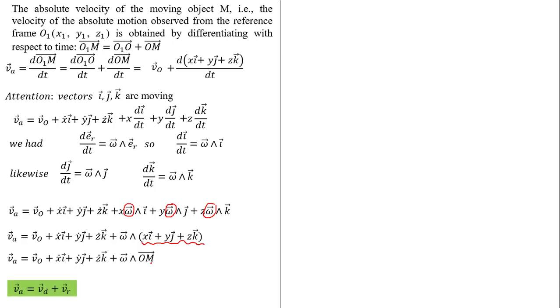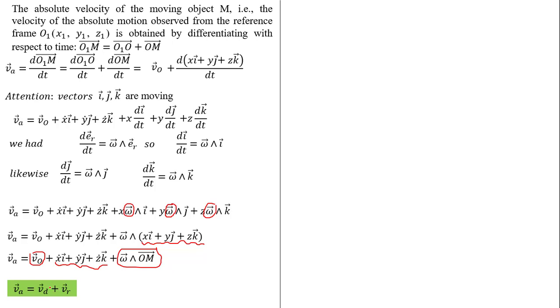Therefore, we can finally write that V absolute is equal to Vd plus Vr, where Vr is equal to x dot I plus y dot j plus z dot k, and Vd, the driving velocity, is the velocity of the moving frame. It's equal to Vo plus omega cross OM.